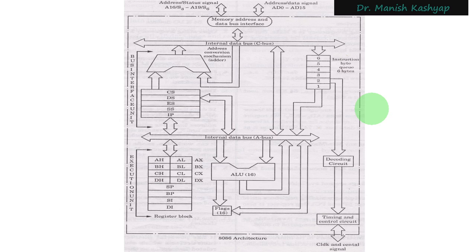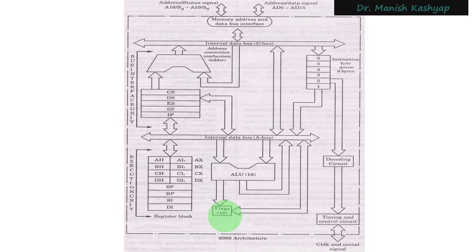So this is more or less the internal architecture of the 8086 microprocessor, and now we will discuss this in a little more detail. We will see the structure of the flag registers, as well as the structure of the external memory and the kind of clock that is required, right?